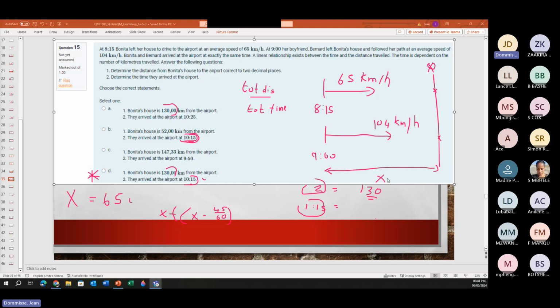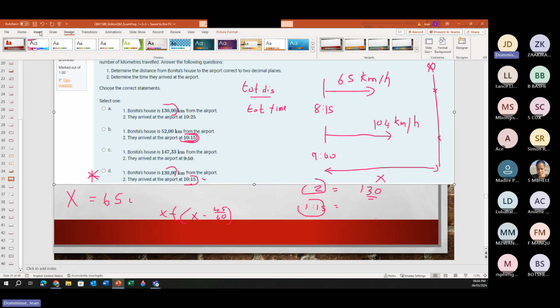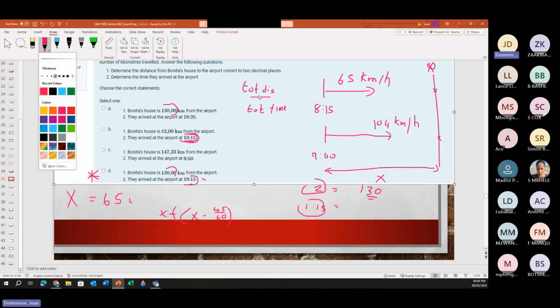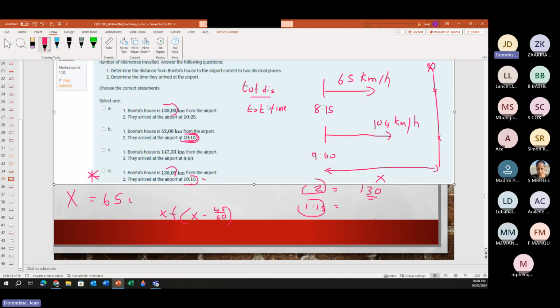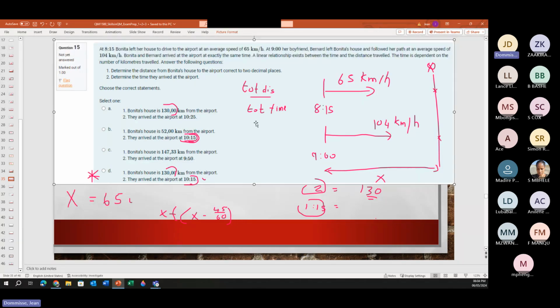Total distance, total time. So we know that total distance is the same. So the total time is going to be different. Okay, so the one is 65 kilometers per hour.